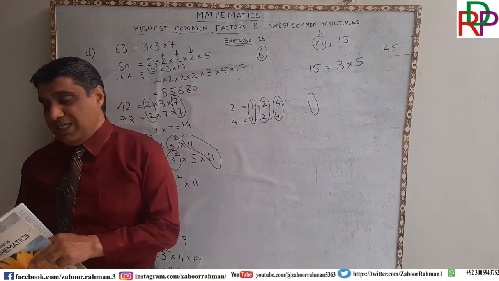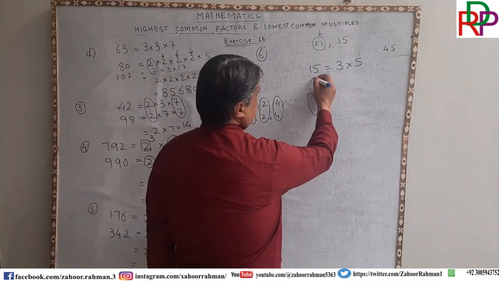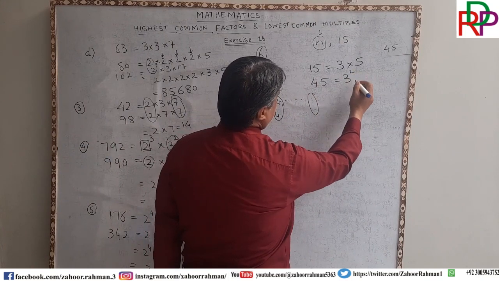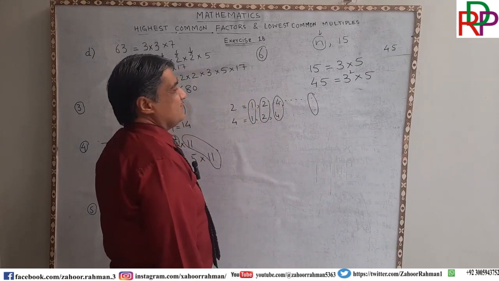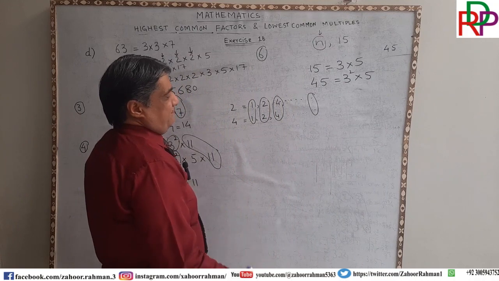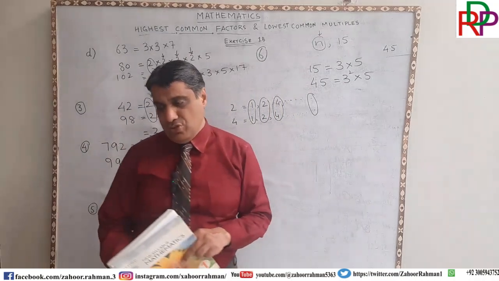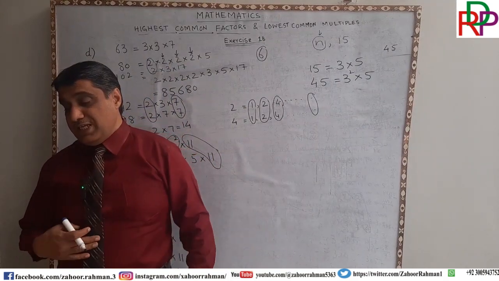And then the factors of 45, and that is 3 square into 5.